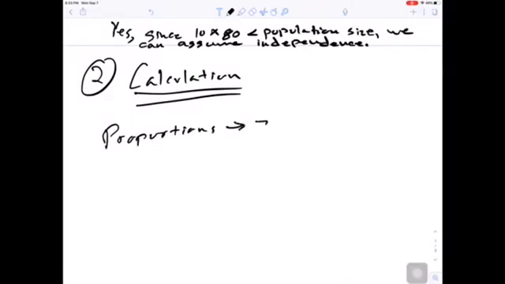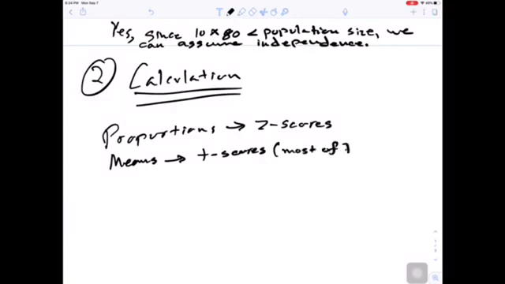There's one area where means do not use t-scores, but other than that, usually means use t-scores and proportions use z-scores. That's the common standard. In this case, we would be using z-scores because we're asked to find an interval for proportions.